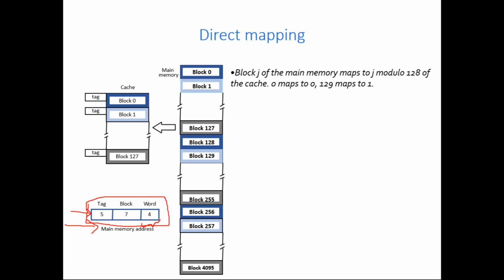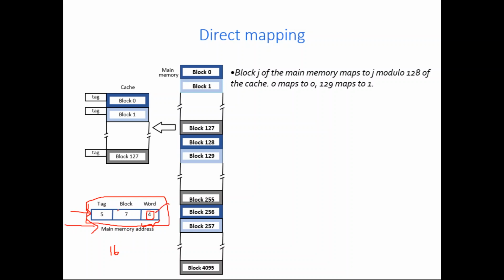Using 4 bits, 16 locations can be addressed, which means each block contains 16 words. Each block in main memory or in cache memory contains 16 words, and to identify which of those 16 words is being referred to, these 4 bits are used.